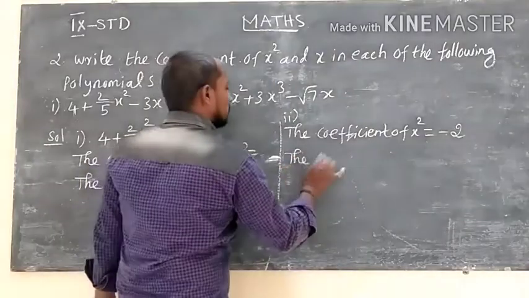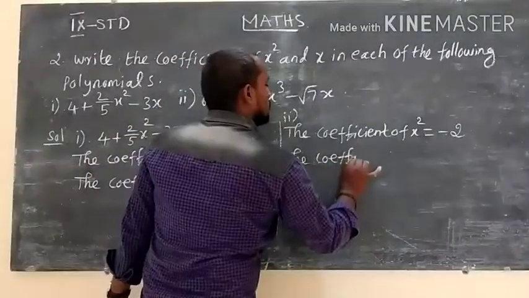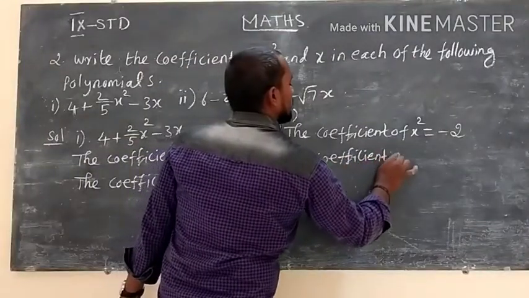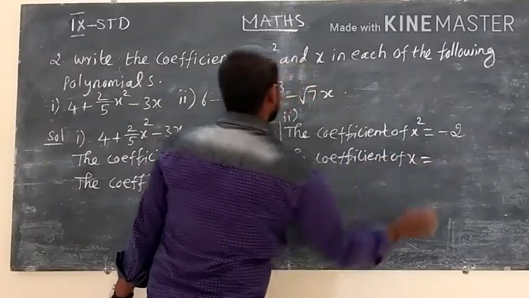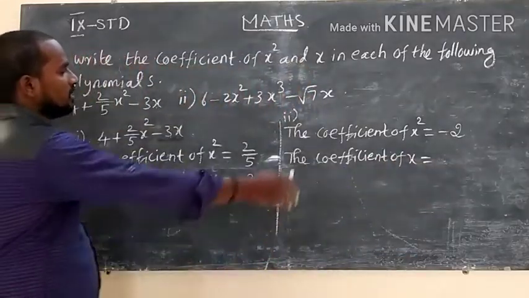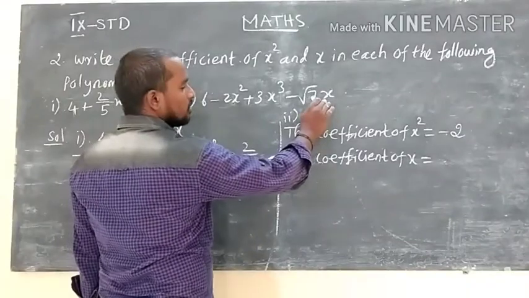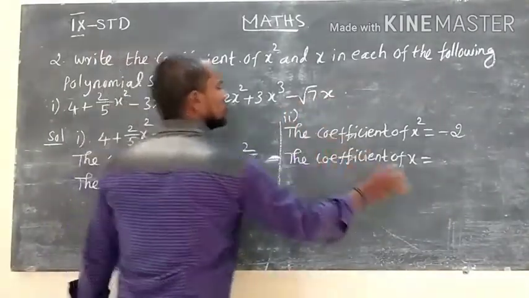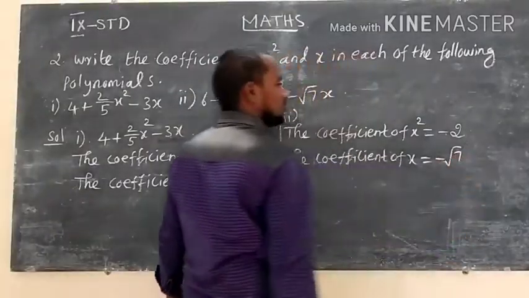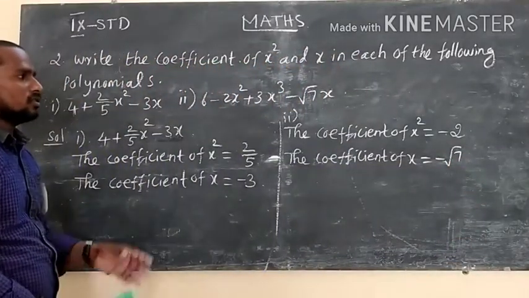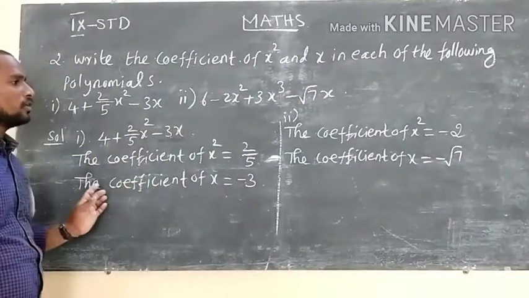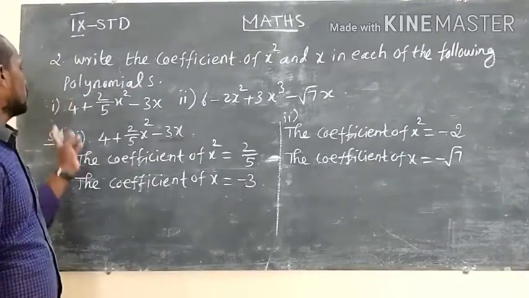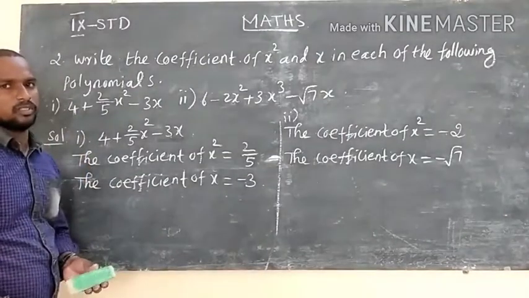Then the coefficient of x is what? Consider the term, this is the x. So the coefficient of x is minus root 3. That's all the answer. Have you understood? These all are very simple, so do it. Okay. The second question, the remaining sums are your homework.